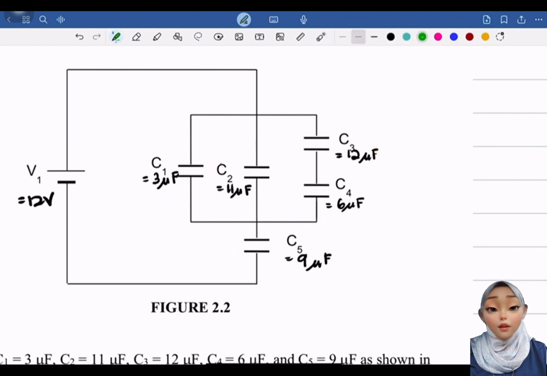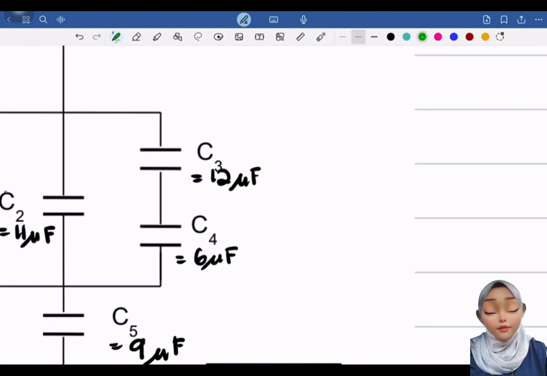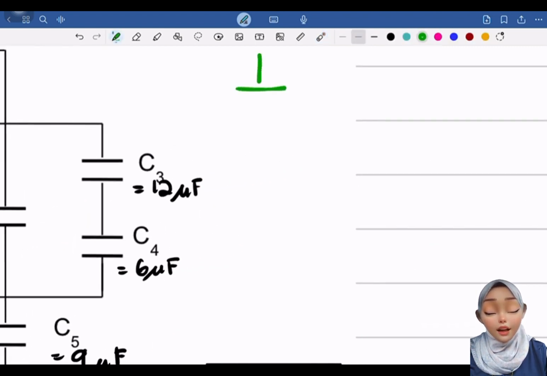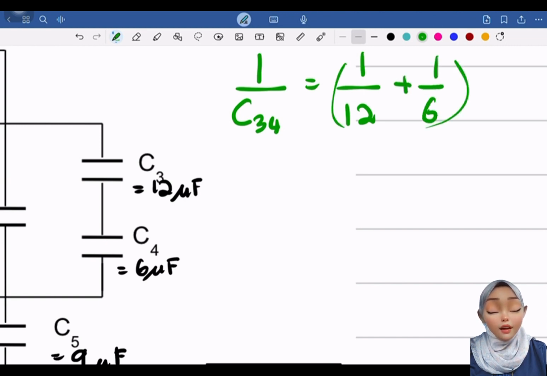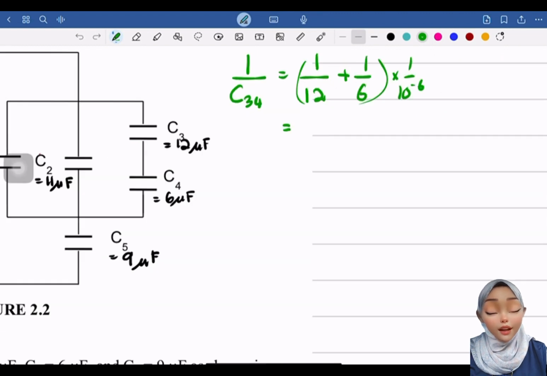So because they are both in series, so kita akan buat 1 per C3, 4 sama dengan 1 per 12 campur dengan 1 per 6 kali 10 kuasa negatif 6. So kita dapat 4 microfarad.